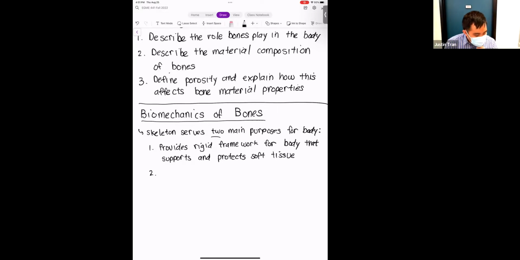And so number two, the second purpose for the skeleton is to form a rigid system of levers that can be moved by the muscles.